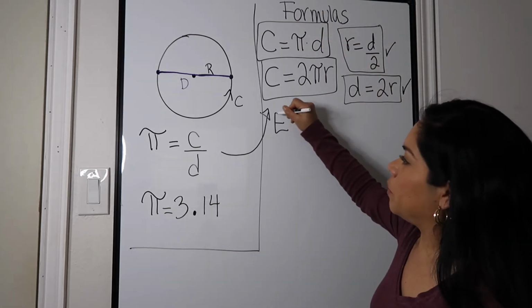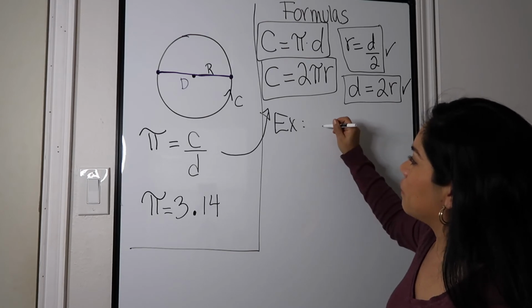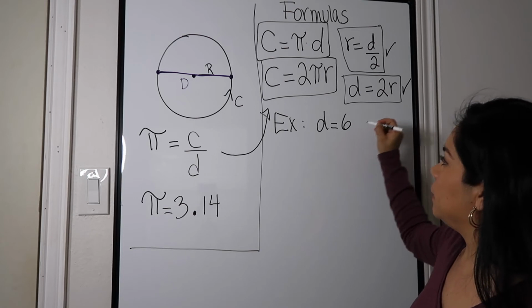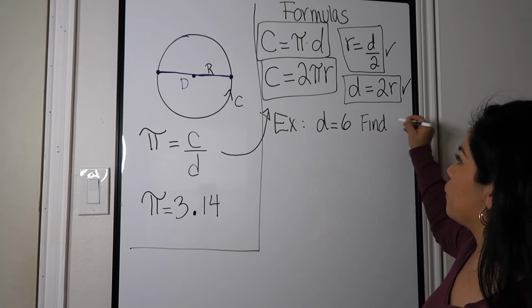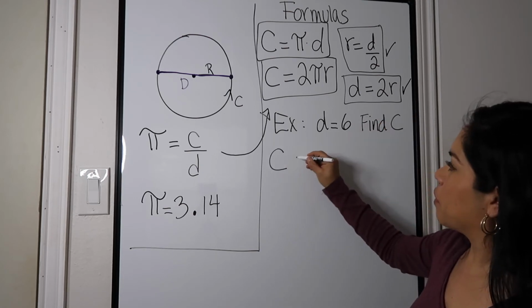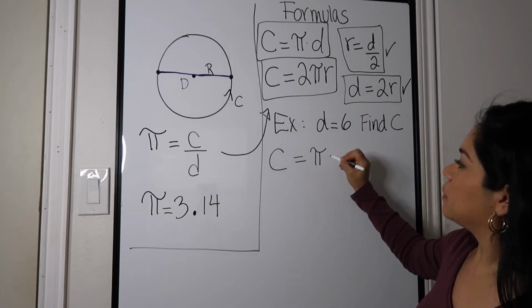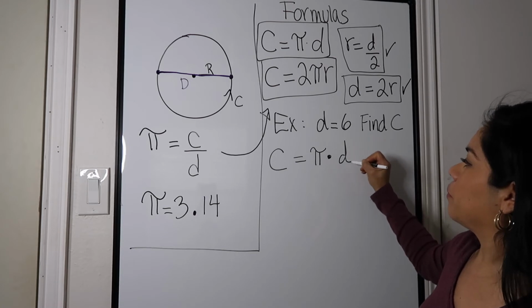Let's look at an example. Let's say we have that the diameter equals 6, and we're trying to find the circumference. Well, we know that circumference equals, we're going to use this one, pi times diameter.